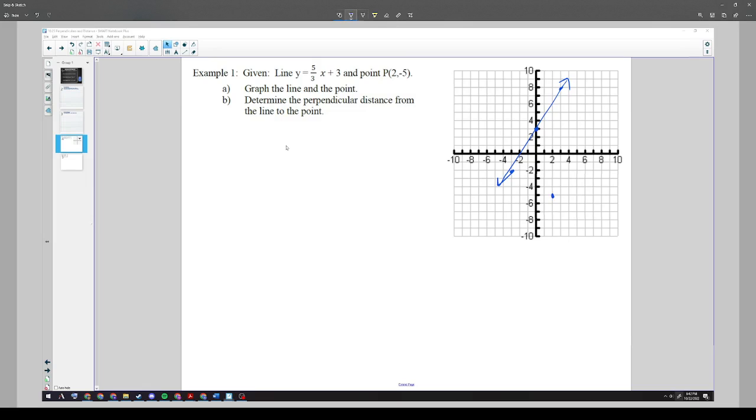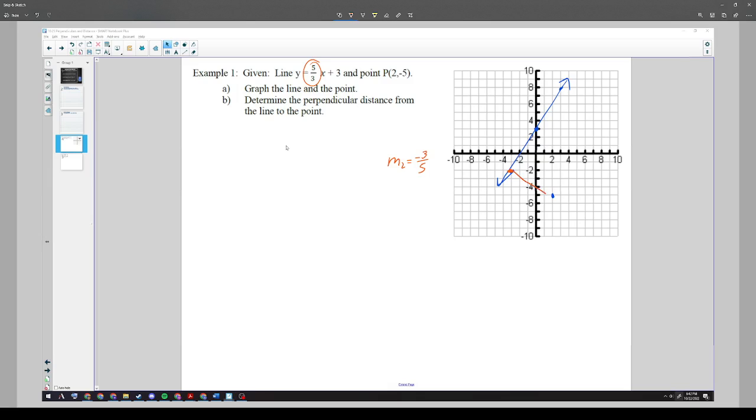So if I want to find my shortest distance, I know that I need to follow a slope perpendicular to that one. So my slope of this intersecting line is going to be -3/5. Let's see if that intersects nice and evenly. 1, 2, 3, 1, 2, 3, 4, 5. It does. That's going to rarely be the case.